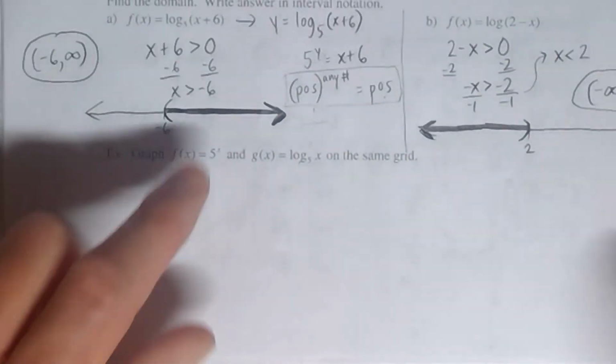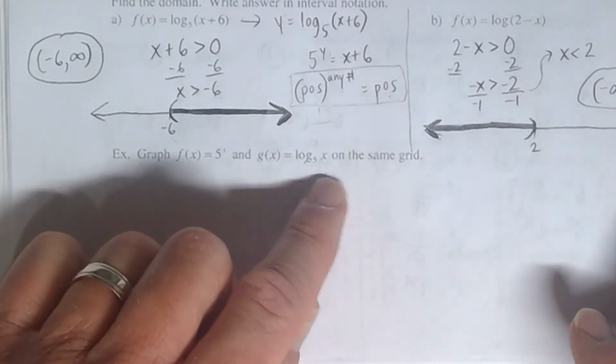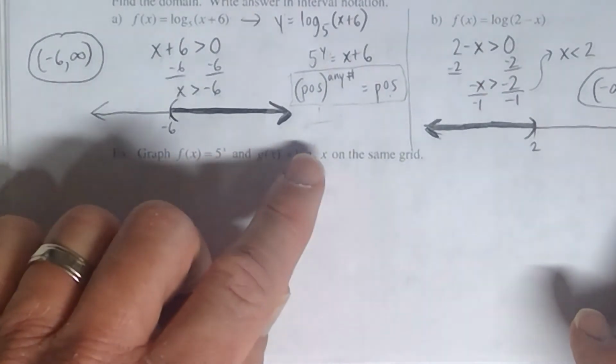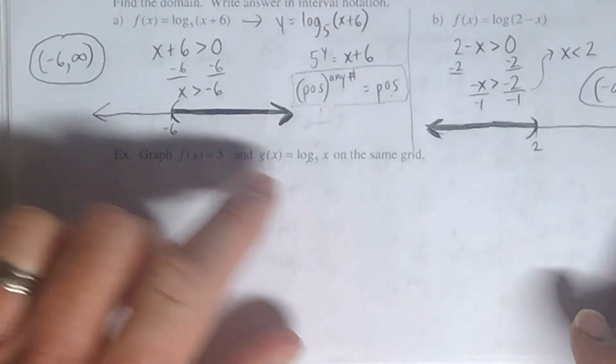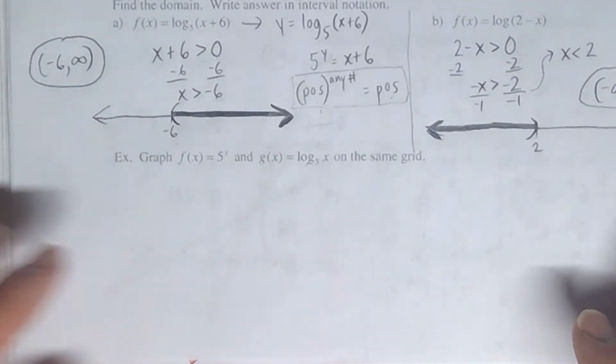Just like 2 to the x would have an inverse of log base 2 of x, 3 to the x would have an inverse of log base 3 of x, as we talked about earlier. 5 to the x would then have log base 5 of x as its inverse.